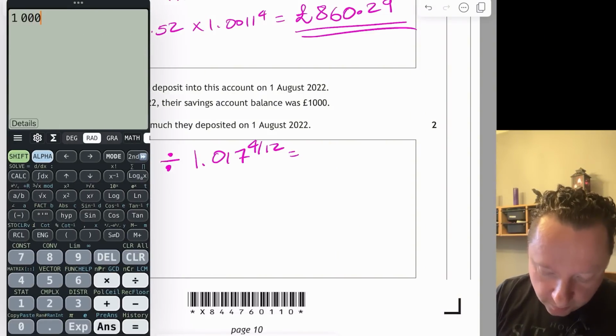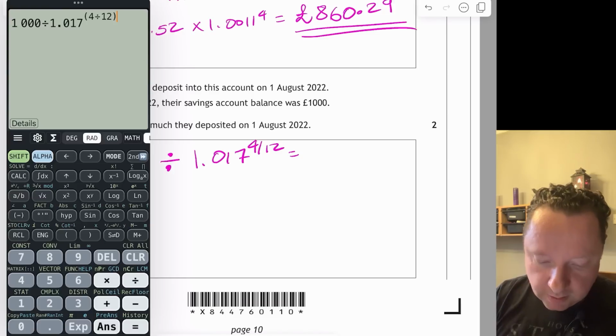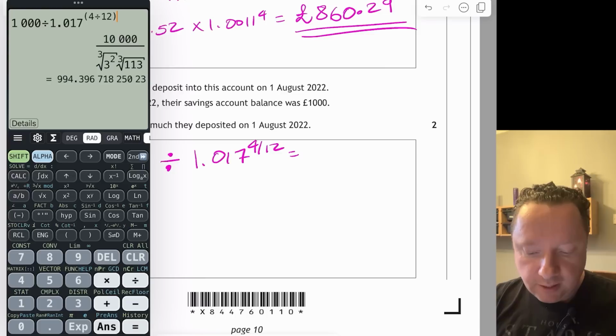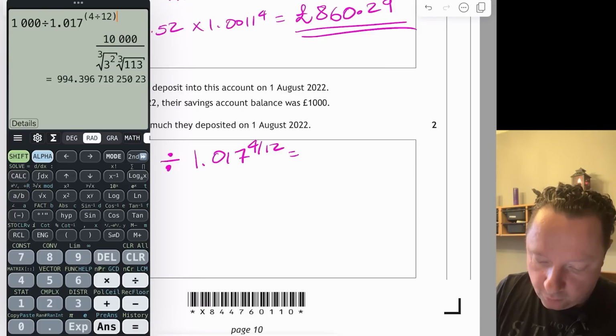1,000 divided by 1.017 to the power of 4 over 12 is 994.396, 994.40.